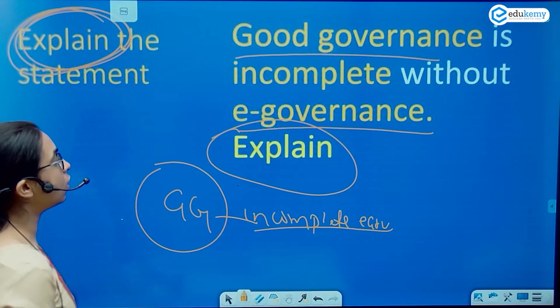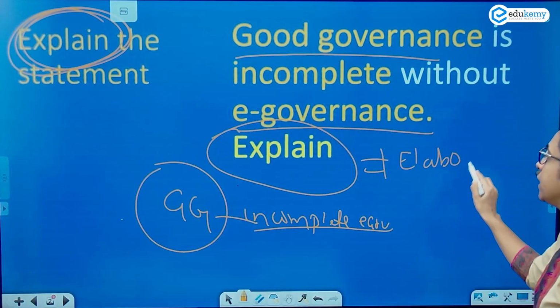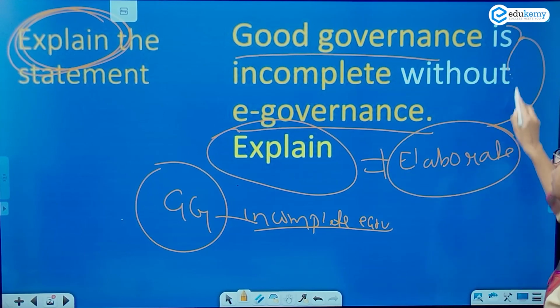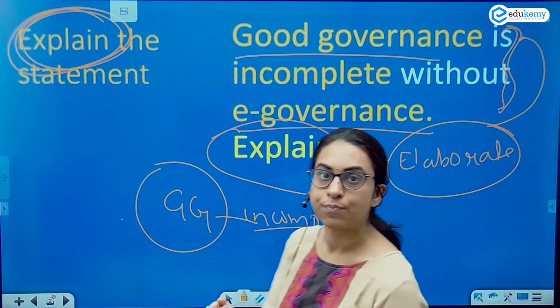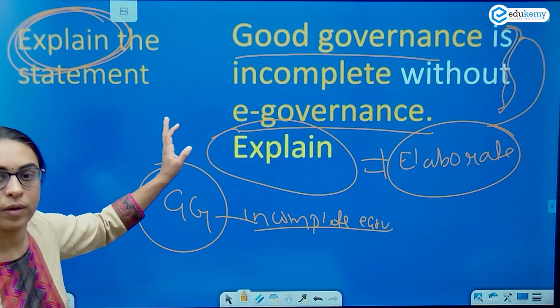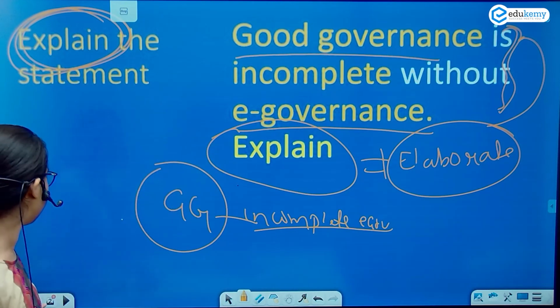It is not equal to elaboration. One is different, one is elaborate. Elaborate means you only talk about this statement. However, in explain, you can go a little beyond this statement. We will see how the word explain fits into this question.